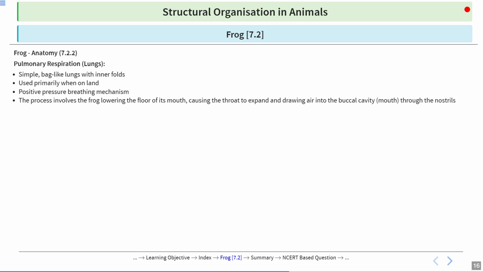So this is the way that the frog takes the air inside their lungs region. And the nostril then closes, and the floor of the mouth is raised, forcing the air into the lungs, right? So when the nostril is closed, the floor of the mouth is raised, and whatever air is there passes into the lungs.